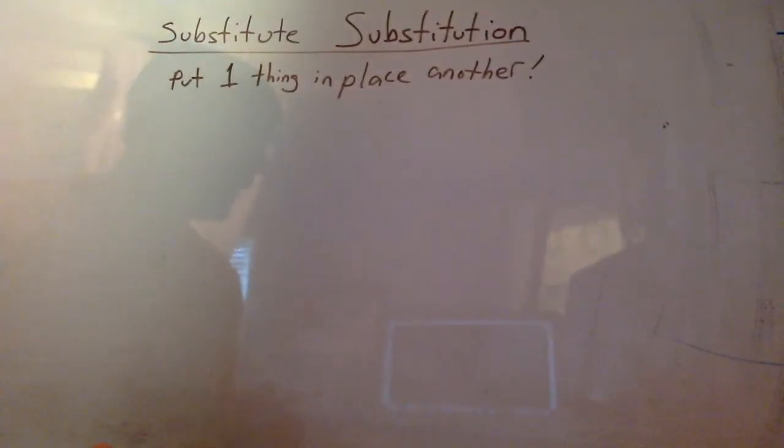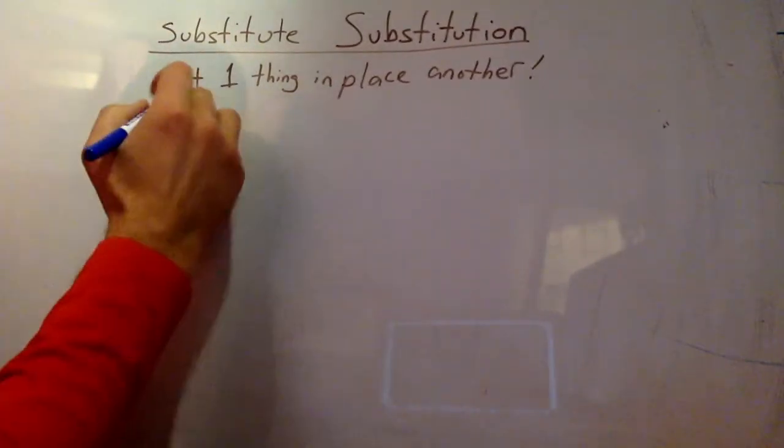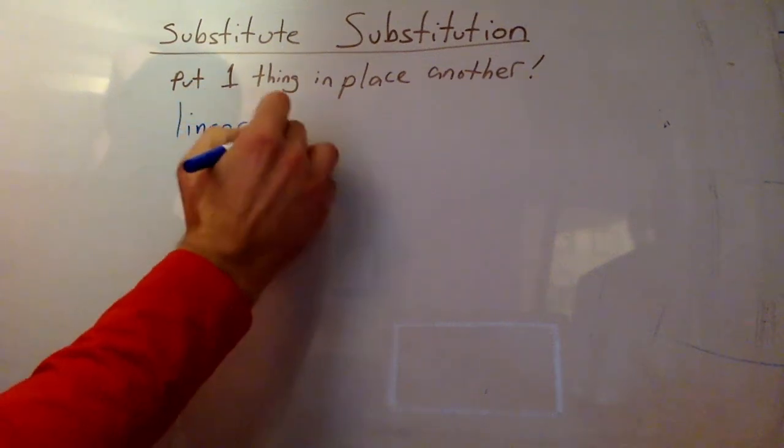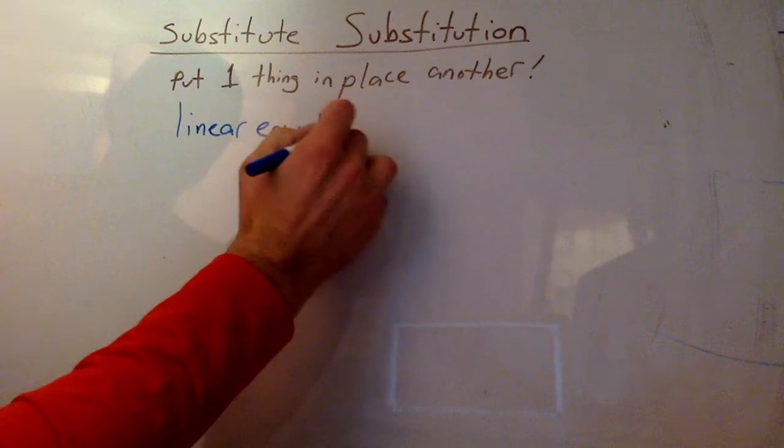Of course it does. This again is an example of substitution. Now, let's look at it with an example of two linear equations. You can think about the fact that linear equations are graphed on a coordinate plane.